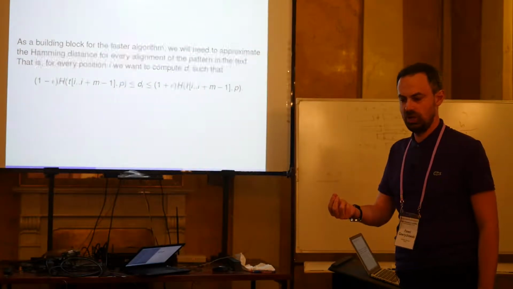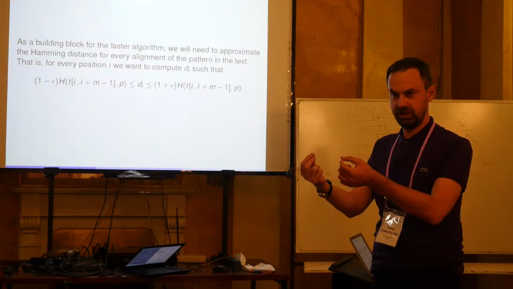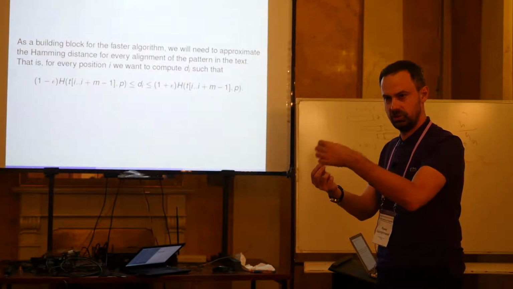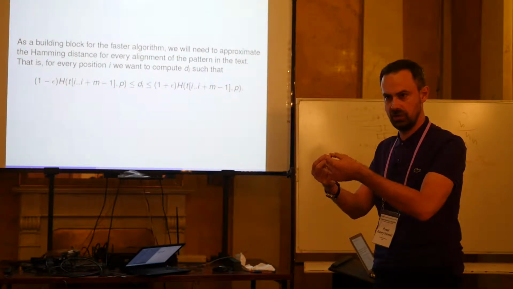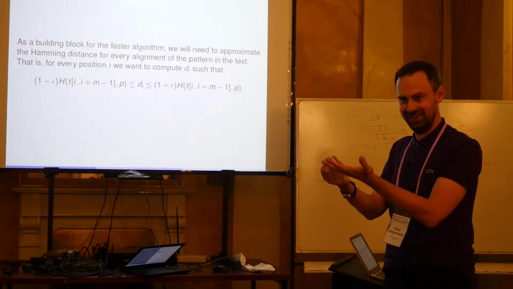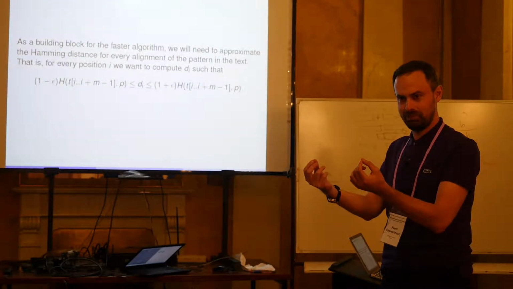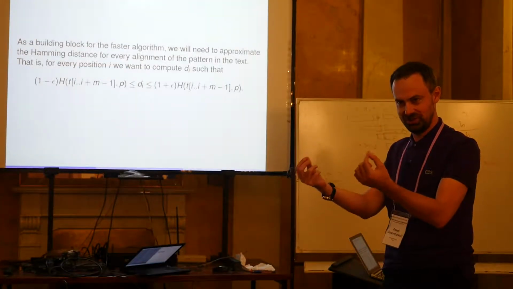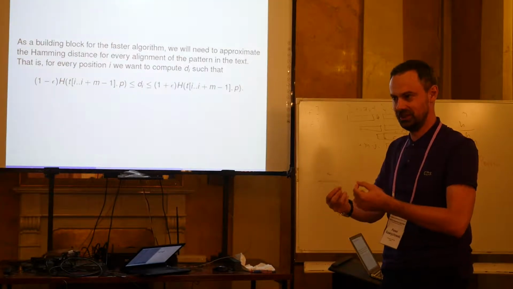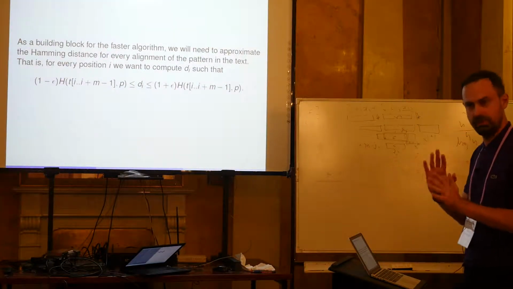But it might be the case that you have only 7 mismatches for a particular alignment, and the chance of hitting those positions will be very, very low. So somehow you would like to sample, but the space from which you sample should be smaller. It should not be all the positions in the pattern, but somehow you should filter. Okay, but this sampling is a good idea.